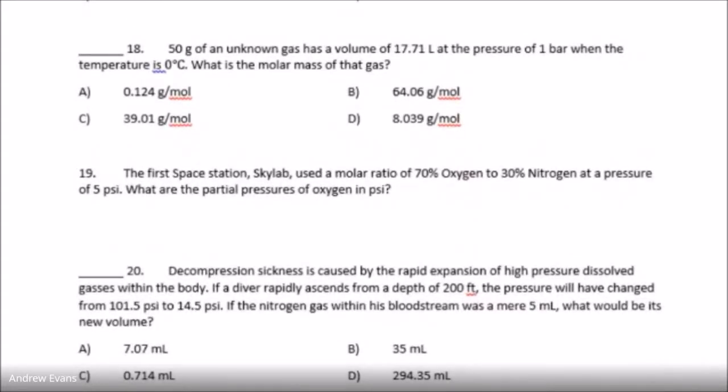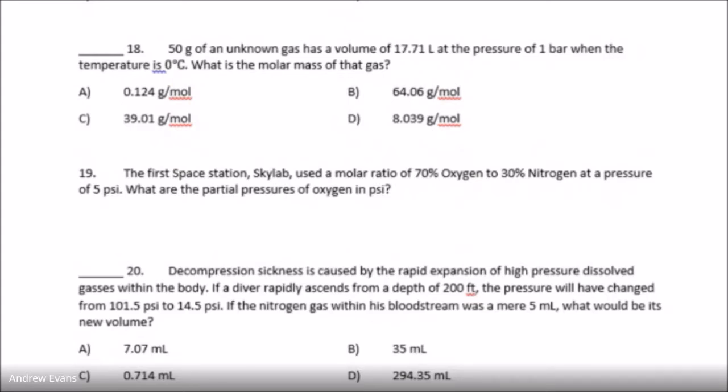50 grams of unknown gas has this much volume, and the pressure is 1 bar and 0 C temperature. So what is the molar mass? This is another reiteration of that first equation. Density equals pressure times molar mass over RT.